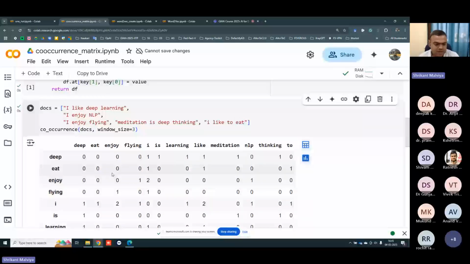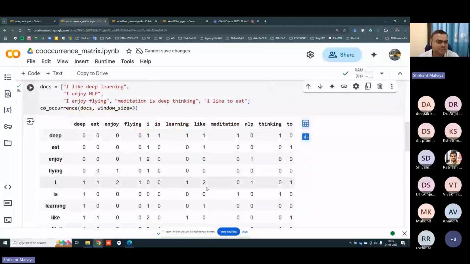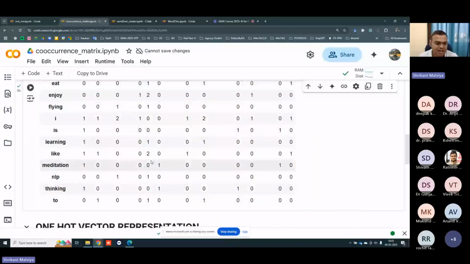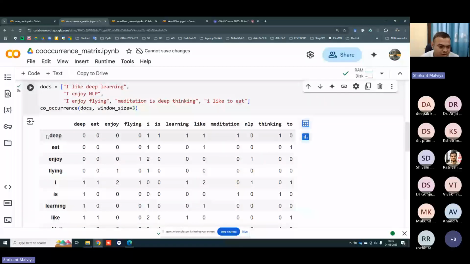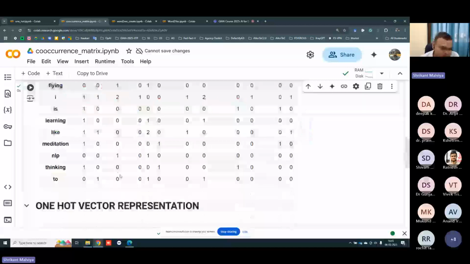This is how the co-occurrence matrix will be filled out, and you will get the vector for each and every word, which you can use for various applications like finding the similarity of two words or finding the similarity of two sentences.